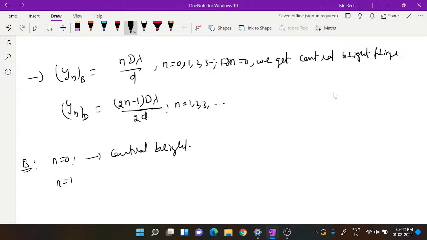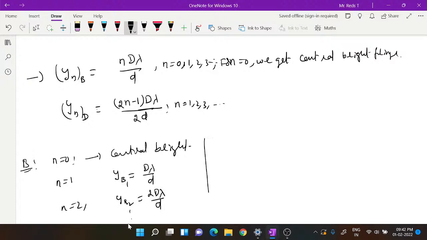Its position is given by yb1, the first bright fringe, which is D lambda by d. For n equal to 2, yb2, the second bright fringe, is 2D lambda by d, and so on.